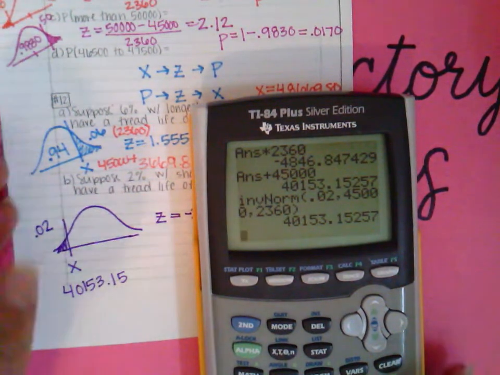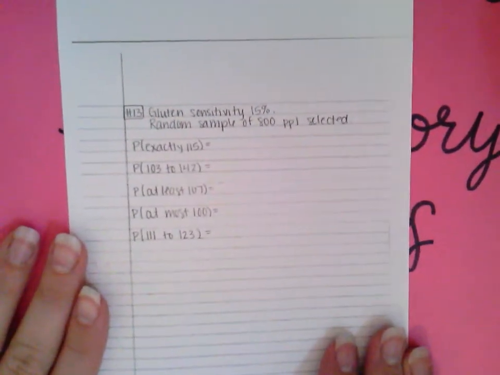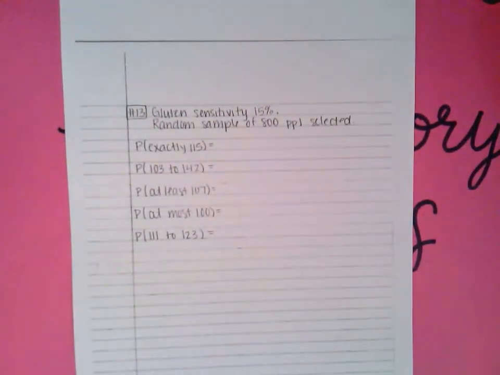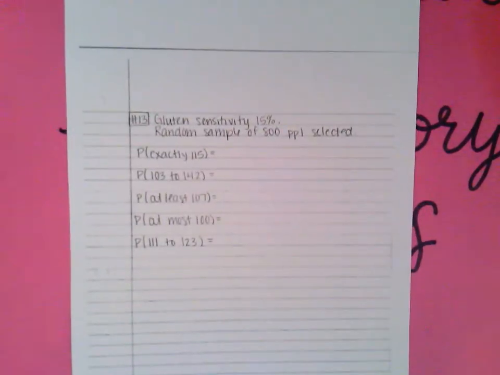The last type of question that you're going to get in a chapter 6 question is approximations of binomials using the normal model. In this case, we have a gluten sensitivity of 15%, and a random sample of 800 people selected. In my opinion, for the probability of exactly 115, I would just choose to do this binomial-wise.